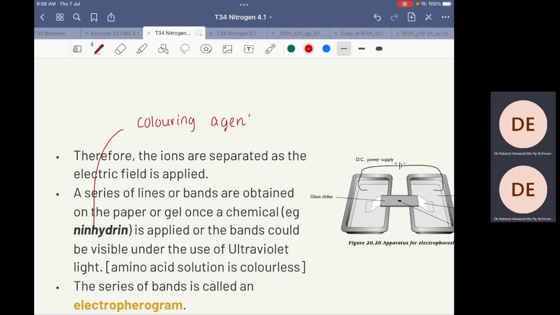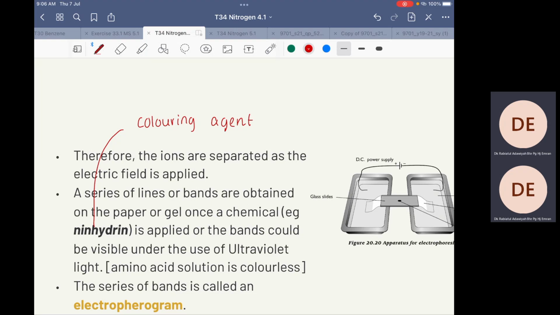So it's like a spray that you would spray on the paper so that you can see the spots or the chemicals, okay? Because amino acids are not colored. Unlike chromatography, where we use marker pens, those spots are colored, right? We're separating the colors. But for amino acids, they are not.